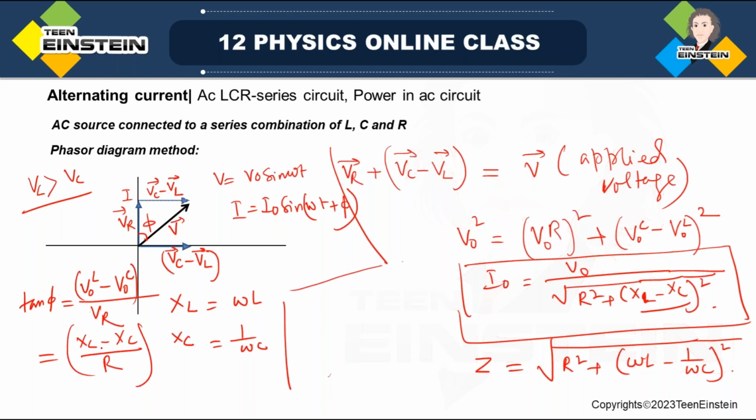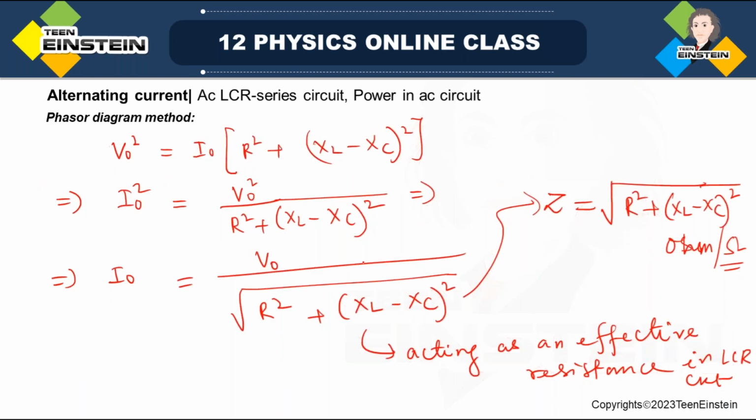Now we can just draw a figure for the impedance. Suppose this is the impedance Z, which is the square root of R square plus this.